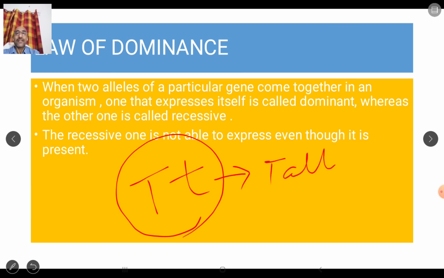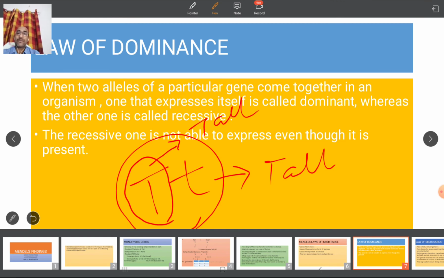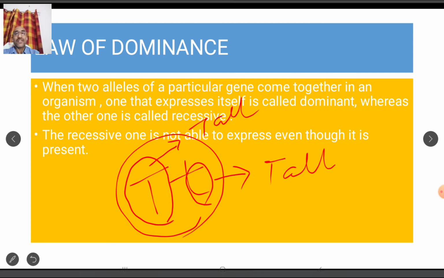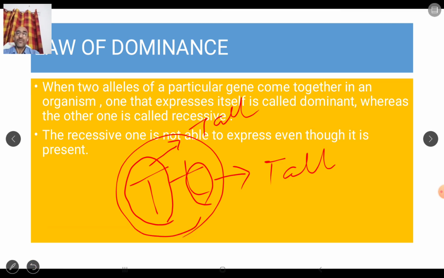I have already said in the F1 generation, the capital T, which represents the tall character, is being expressed. So the capital T is the dominant gene. It is able to express itself, but the small t, which is recessive, is unable to express itself.